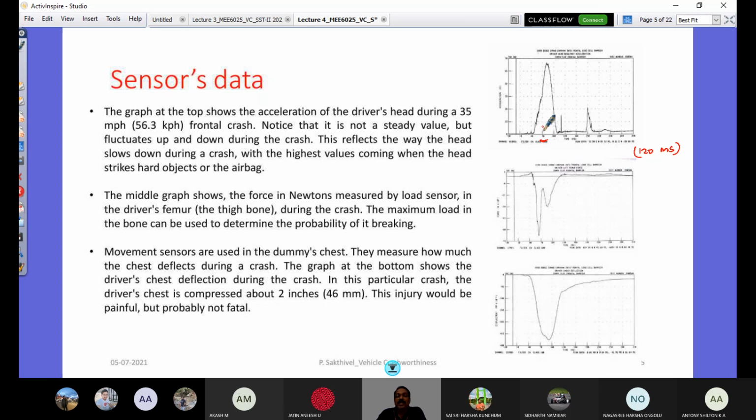But during an accident or collision scenario, the levels of acceleration are tremendous. The accelerometers used for crash tests are not the normal accelerometers used for measuring vehicle response during steady motion or normal operating conditions. So the sensitivities are too much.